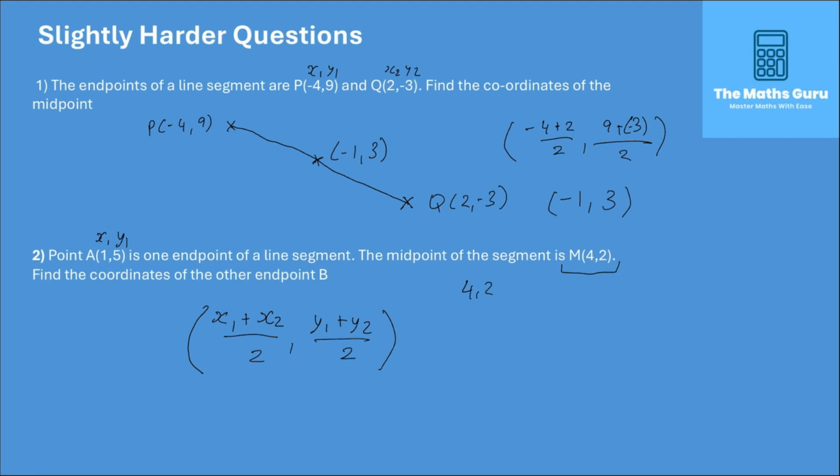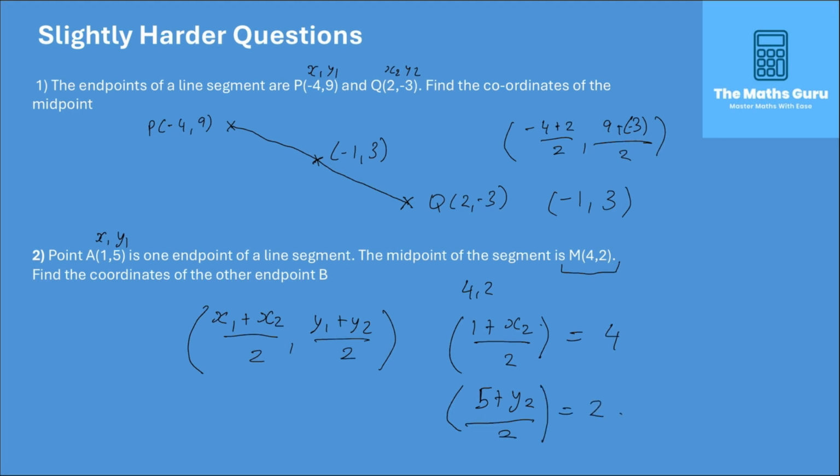So filling in the information that we know: (1 plus x2) over 2 is equal to 4, and (5 plus y2) over 2 equals 2.